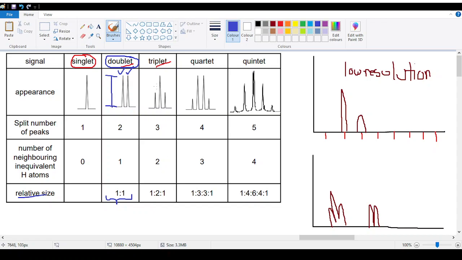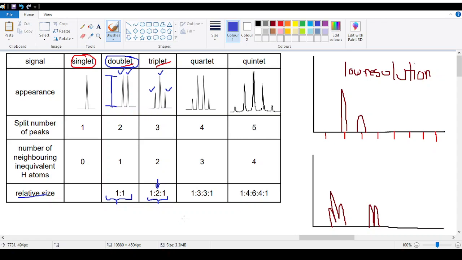But if you look at the triplet pattern, what can we see? There are three individual peaks, three smaller peaks. Now the three peaks are not of the same height. That's what's important. You have to remember this. Out of the three peaks, the ratio of the heights is 1:2:1. That means the one in the middle has a ratio of 2, which means it's slightly larger than the other two.